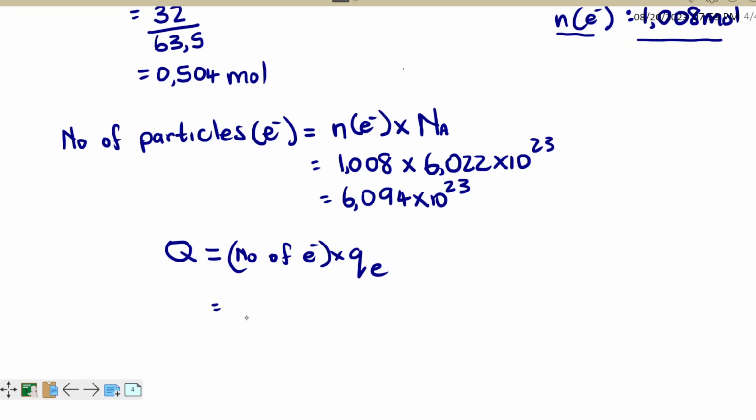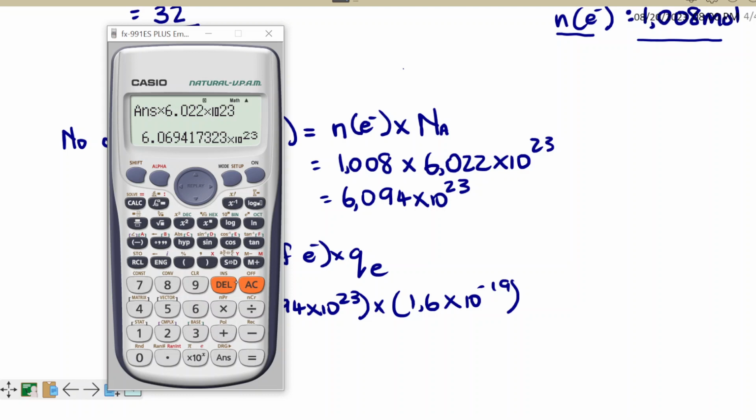So now I'm taking this amount of particles and multiplying it by the amount of charge on the particle, which is 1.6 times 10 to the power negative 19. This is in coulombs, so the answer will be in coulombs.